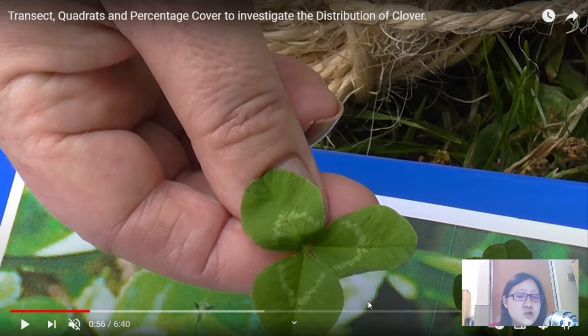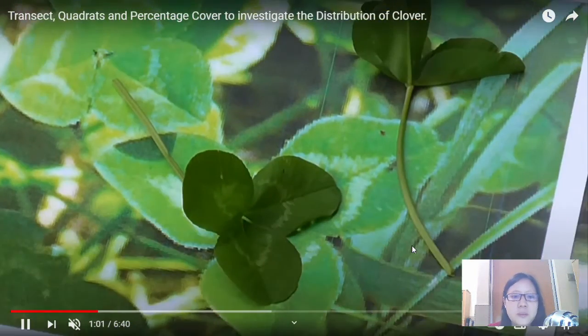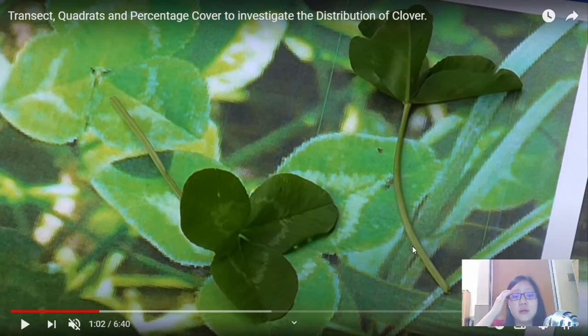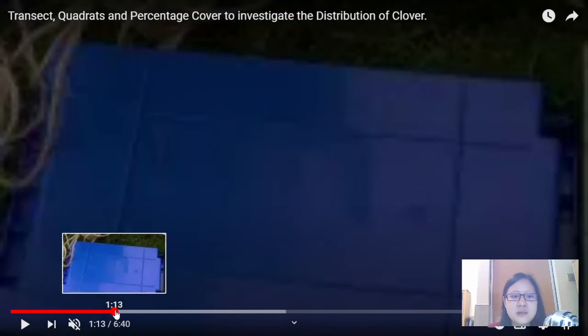Usually it has three leaves, and actually it's quite a small plant, as you can see, relative to the size of the fingers right here. And you are going to measure it and see how the distribution differs from a tree. So maybe nearer to a tree there'll be fewer clovers, and further away from a tree there'll be more clovers. Okay, that's the hypothesis here.